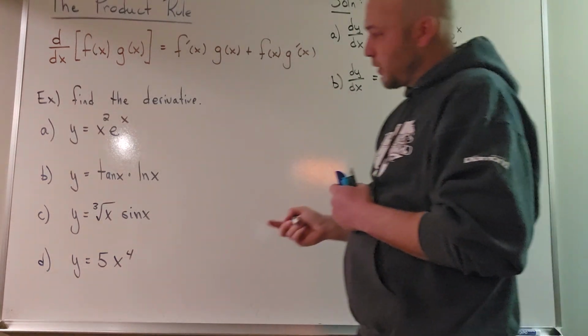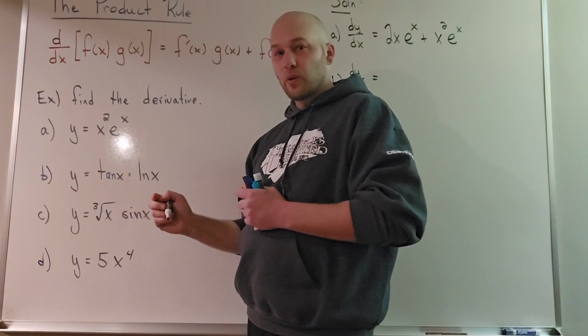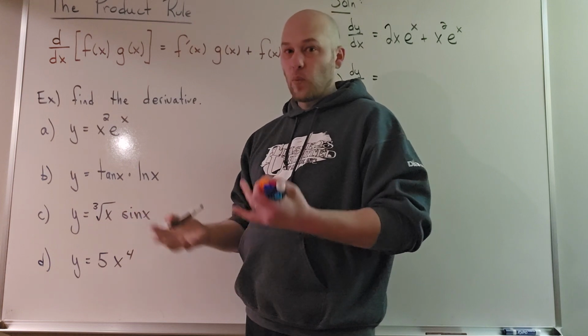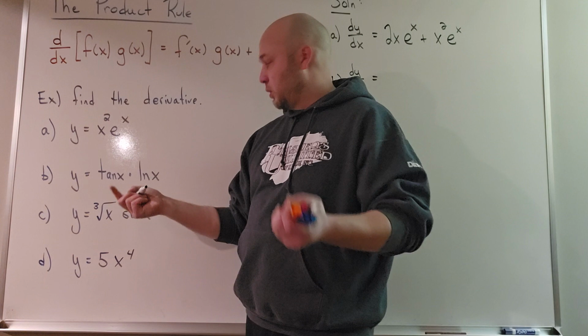All right, let's look at the structure. I've got a product of a tangent and a logarithm. Each of these we know the derivatives of, and like I said, you may not, depending on where you are in your Calc 1 course. I'll tell you what they are in case you're not sure.